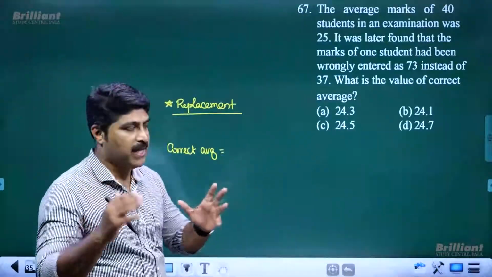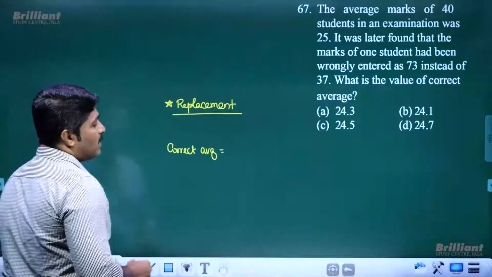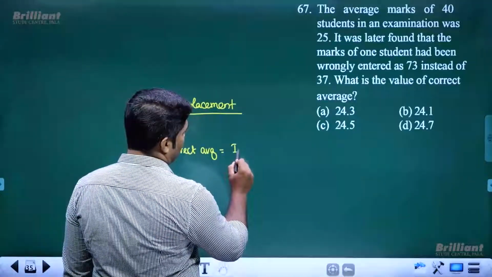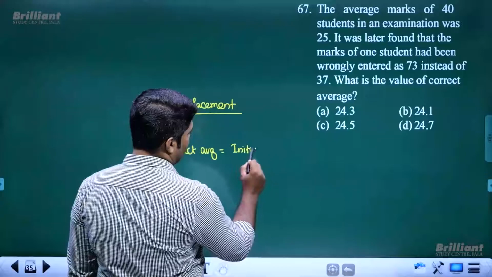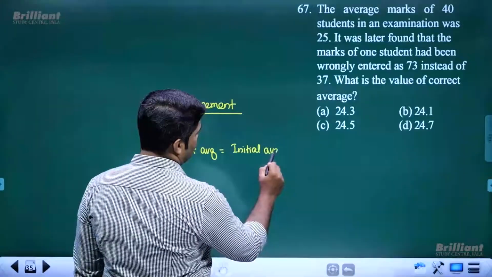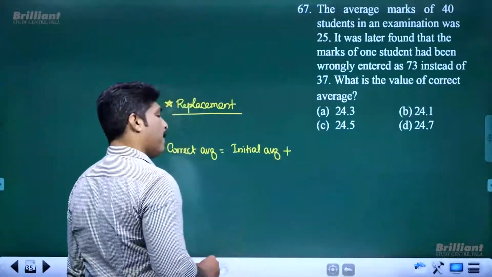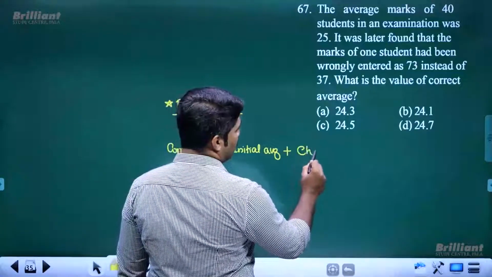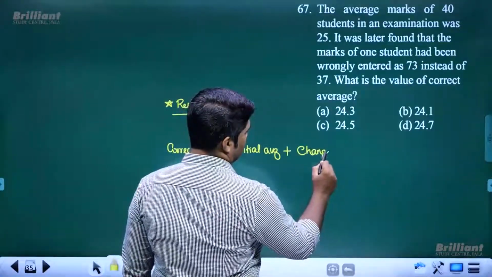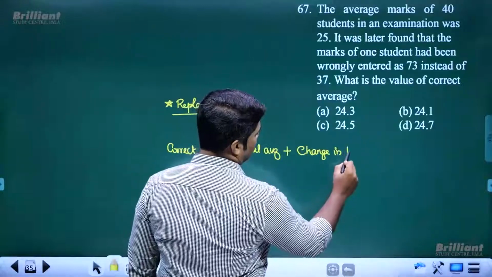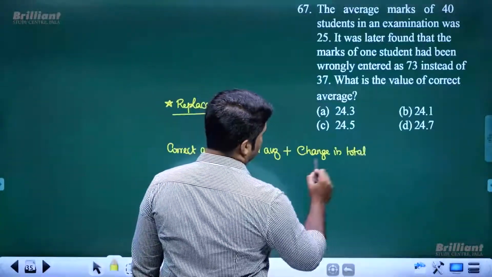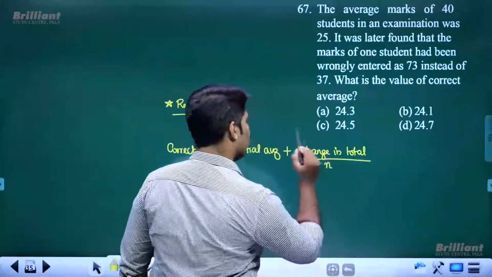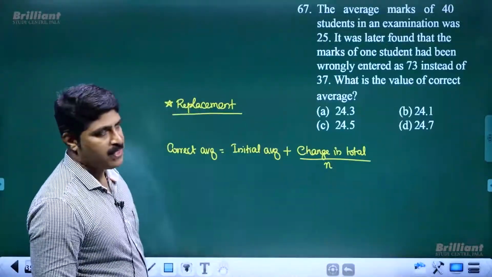The total number is the same. In such a situation, the correct average is the initial average plus the change in total divided by the number of observations. The number of observations is n.